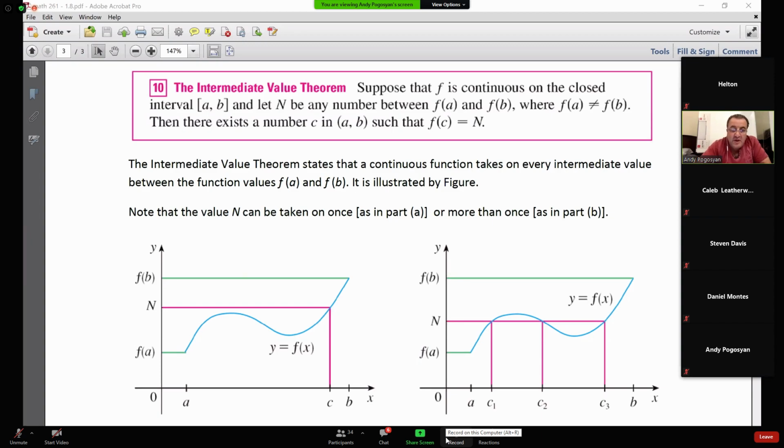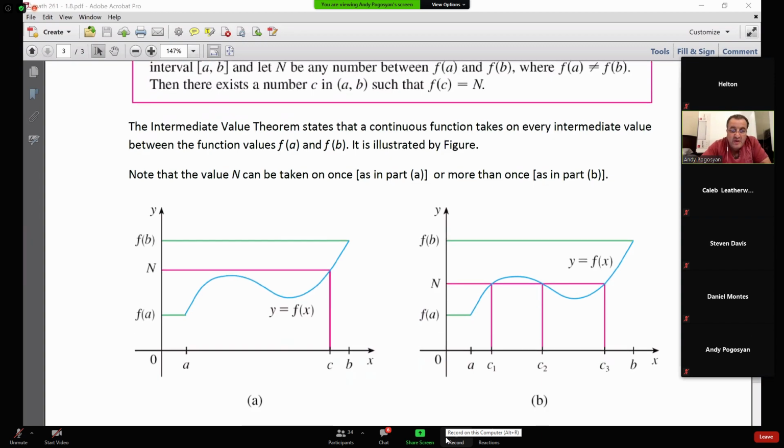Now, as long as f of a and f of b are different from each other, a continuous function, if you draw the graph, doesn't have any interruption, and will take on all the values between f of a and f of b. So that means if you choose any n value, at least at one point c, f of c would be equal to n, but it might be at more than one c.